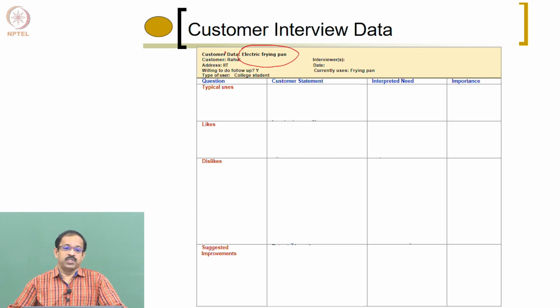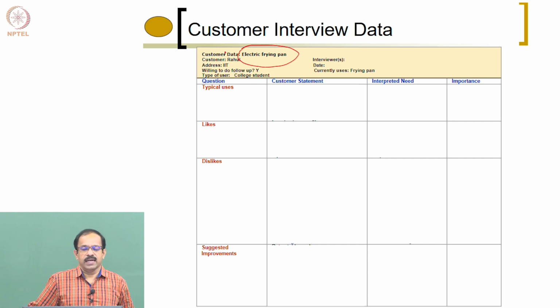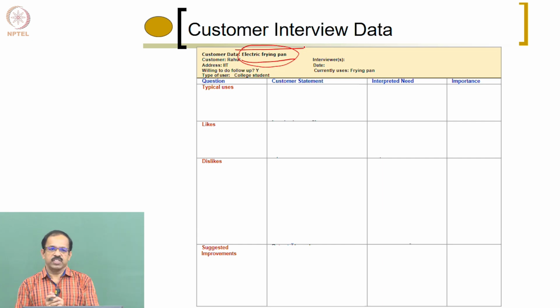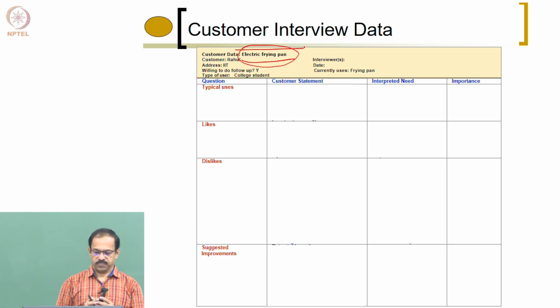A company wants to redesign it, or come up with a new product in this category, but they don't know exactly what the size, quality and cost should be. They are not sure what the customer is looking for, or if the customer is already satisfied with this product, they won't be able to come up with a new product. So they want to find out the customer needs if they want to bring such a product to market.